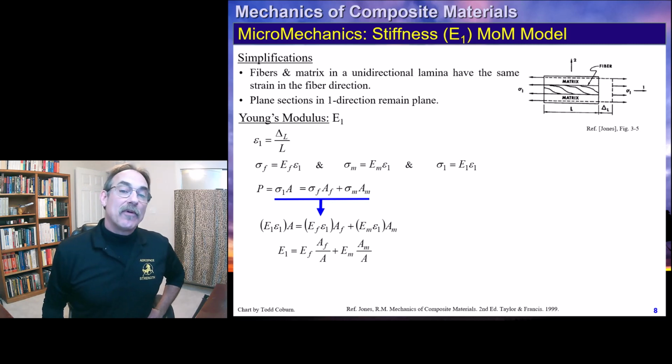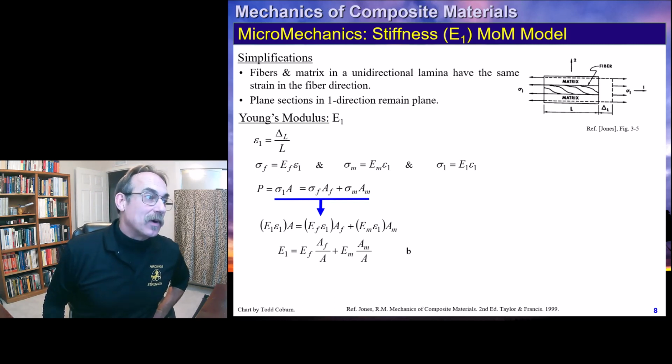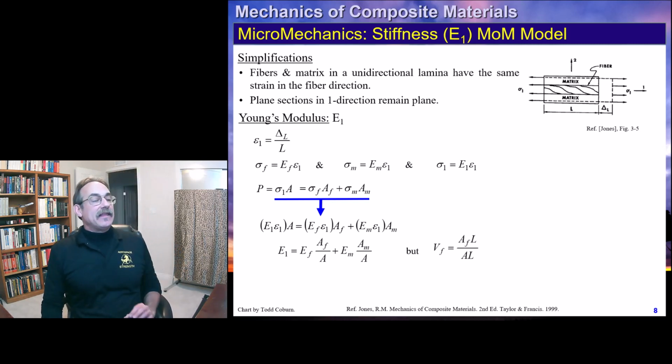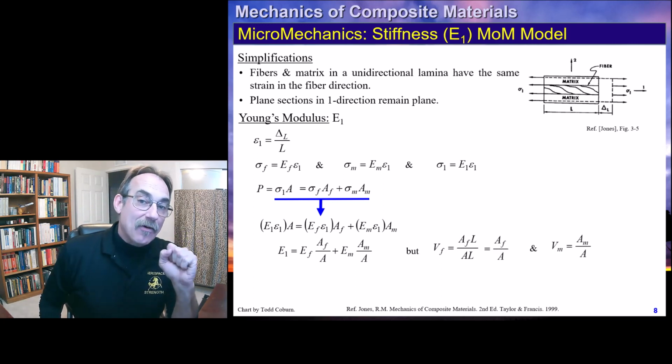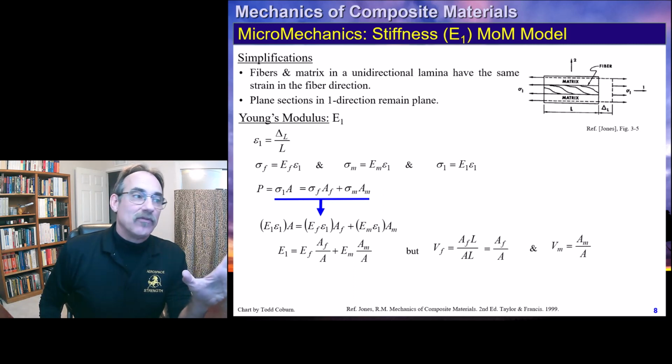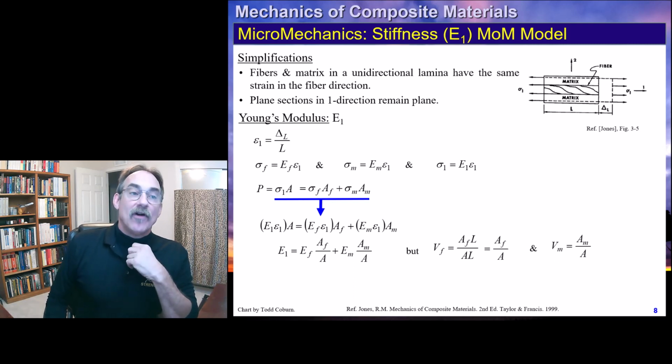We can then rearrange that using 10th grade algebra, and we can write it like that. Recall that the fiber volume fraction is just the area of the fiber times the length of the fiber over the total volume of the element, which we can write as an area fraction, and the volume fraction, therefore, is written this way in a similar manner.